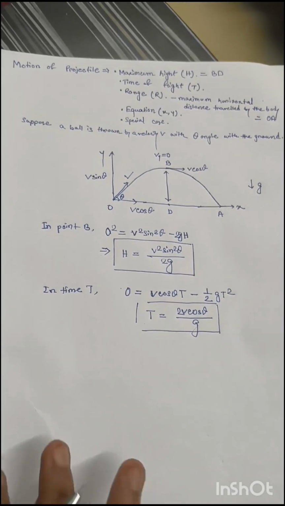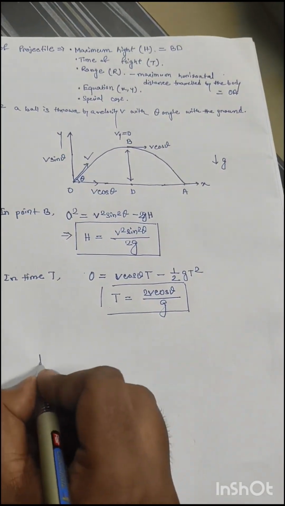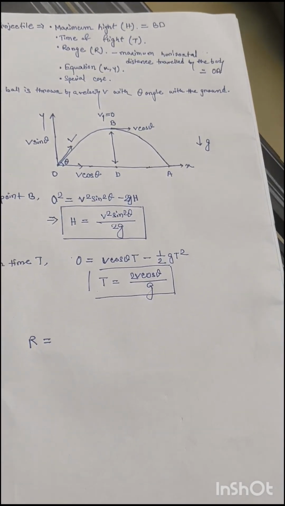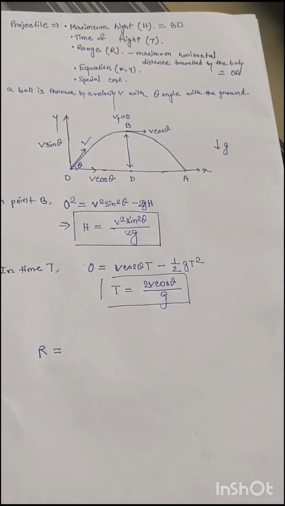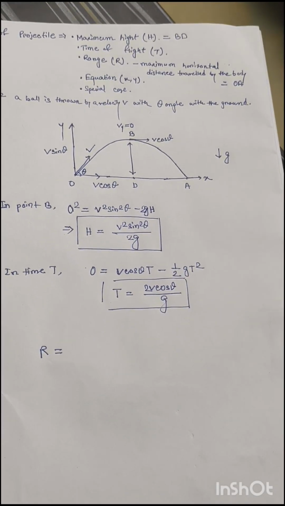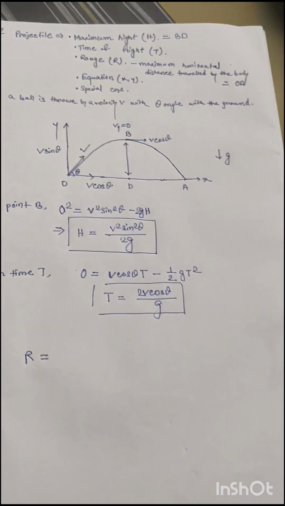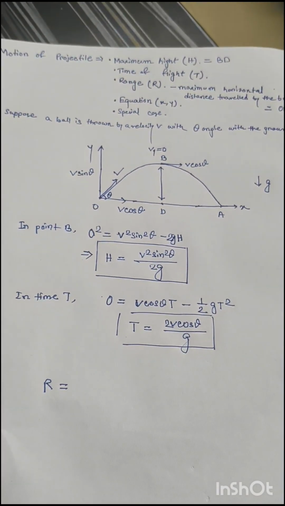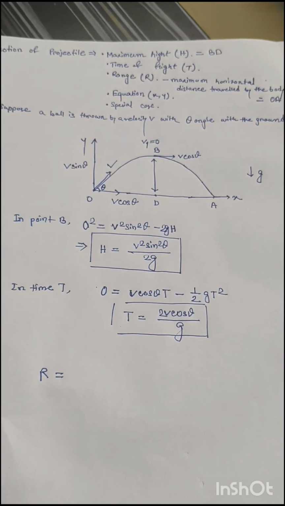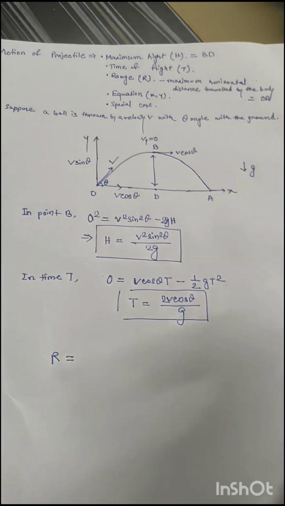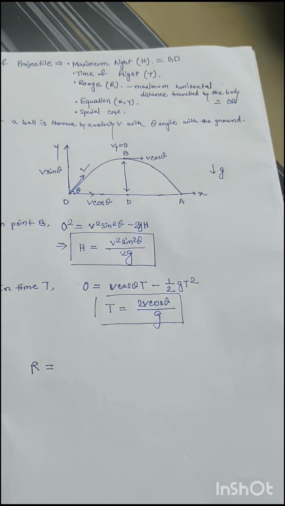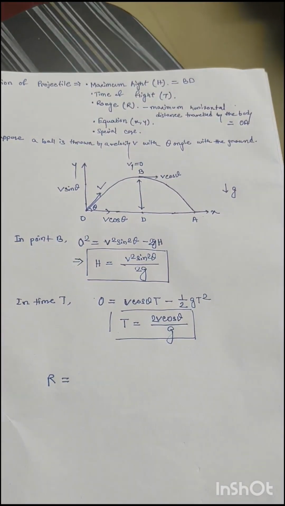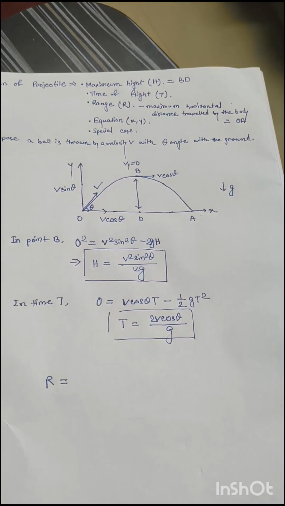Now how do we find the range? Here we can understand a very simple thing, that v sin theta is decreasing. Why does v sin theta decrease? As there is gravity, gravity deteriorates v sin theta and decreases its value. But in the horizontal direction there is no acceleration, so v cos theta is always constant.